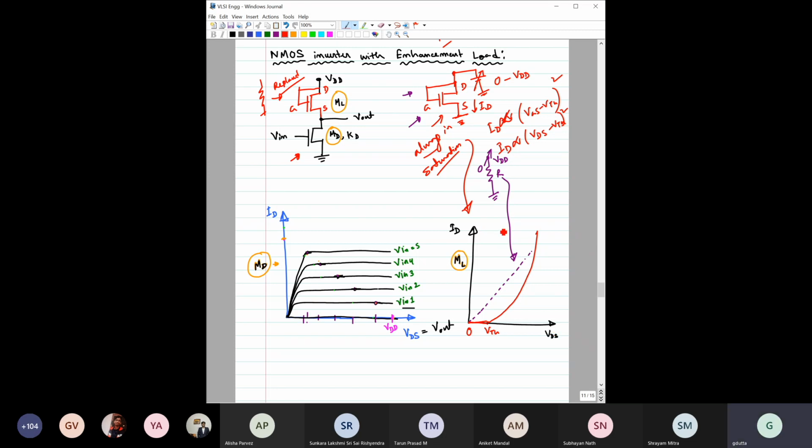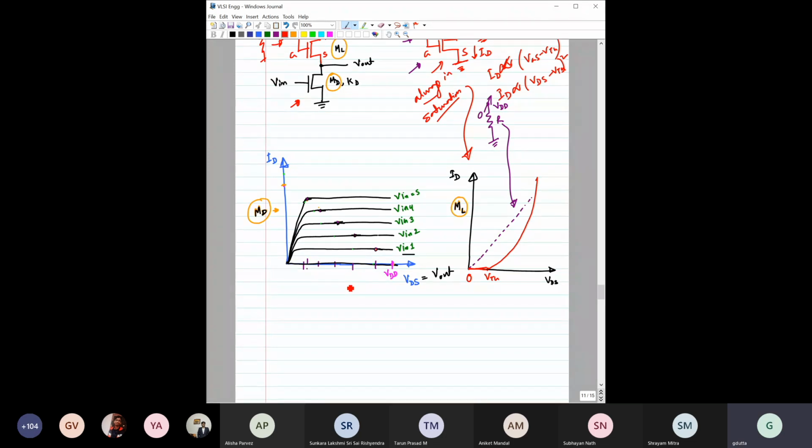Now if I want to get the VTC, that is Vout versus Vin, we have to plot and superimpose these characteristics on top of each other. Then we will get the intersection, and from that intersection we can find the Vout versus Vin characteristics. Please think for a minute and tell me how we can superimpose these characteristics.